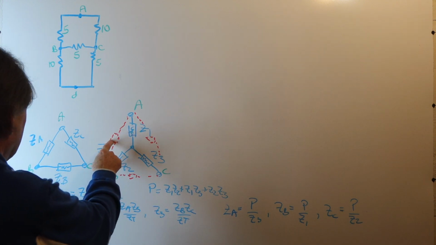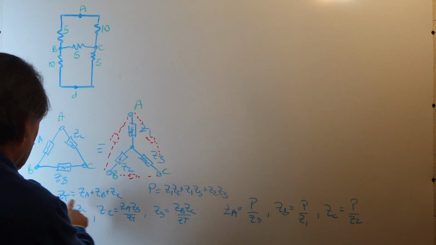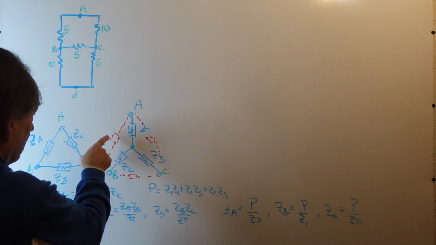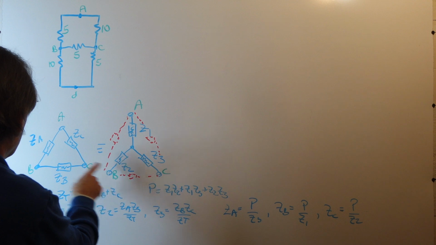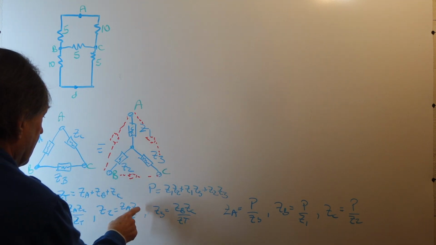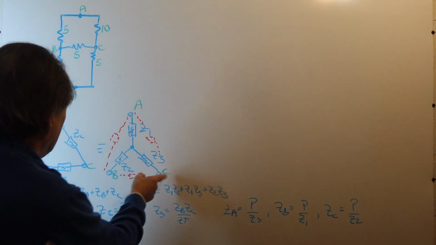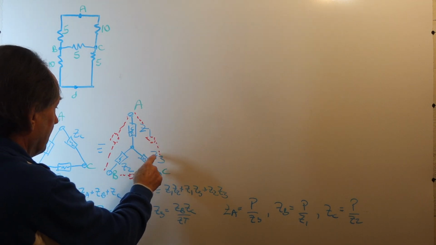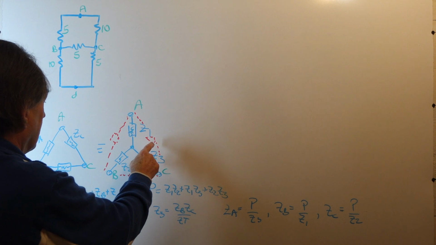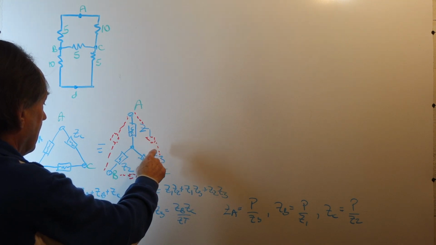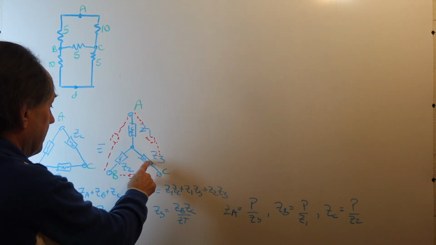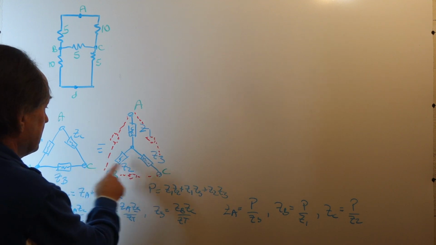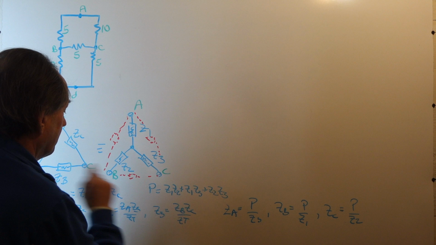So it's ZA times ZC over ZT. Z2 then will be the product of this element and this element, which is ZA, ZB over ZT, and the element Z3 is the product of these two elements, which is ZB, ZC over ZT.